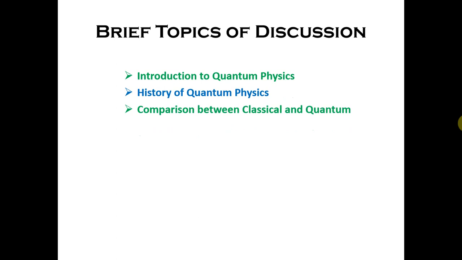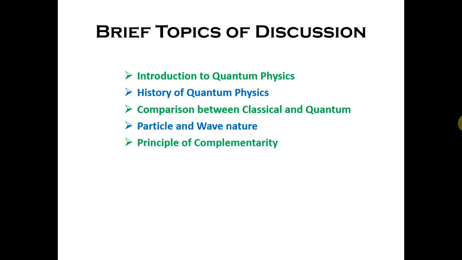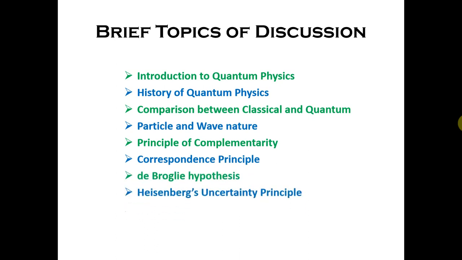Next, comparison between classical and quantum physics, particle and wave nature, principle of complementarity, correspondence principle, de Broglie hypothesis, Heisenberg uncertainty principle, and the concept of photoelectric effect. These are the main topics of our discussion. A few parts you have already done in class 12, but briefly.